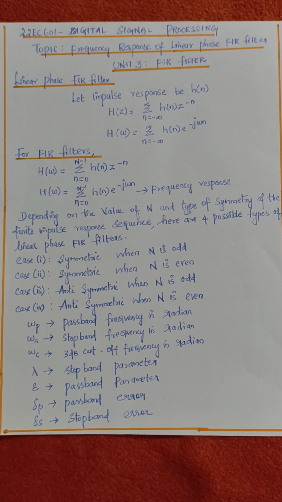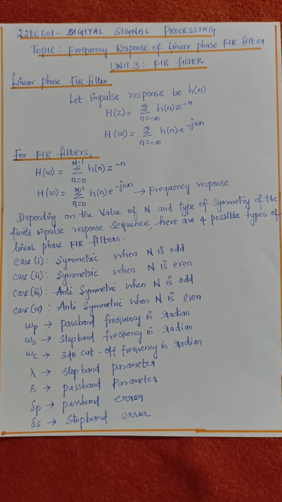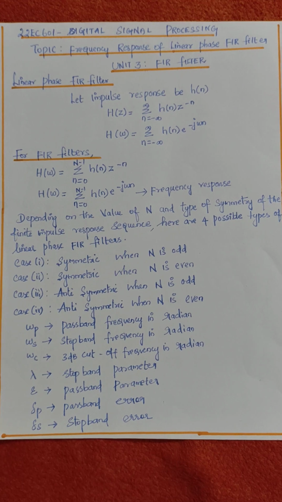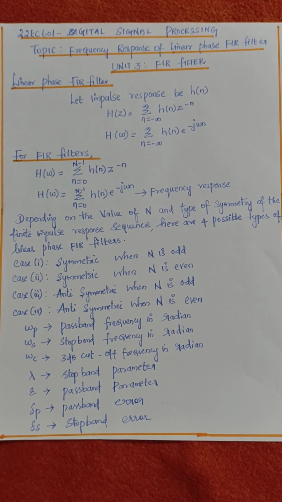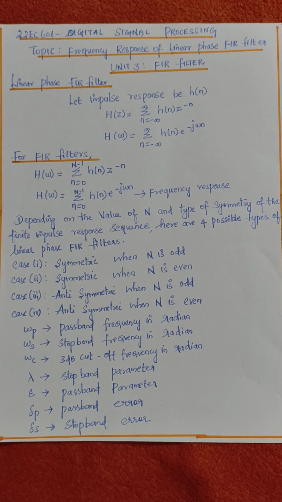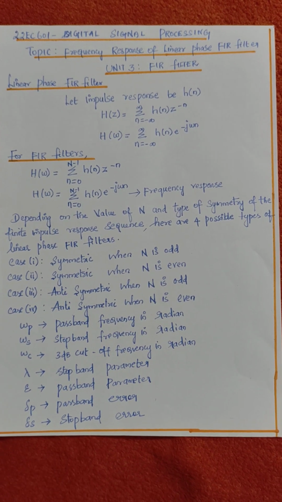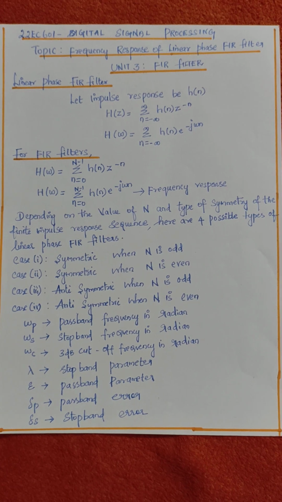For FIR filters, H of z is equal to summation n equal to 0 to N minus 1 h of n z power minus n. H of omega equal to summation n equal to 0 to N minus 1 h of n e power minus j omega n. That's called the frequency response. You know very well, instead of z, it's nothing but e power minus j omega.